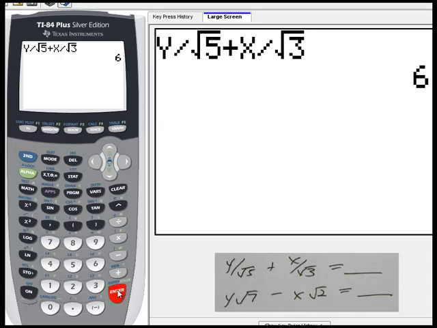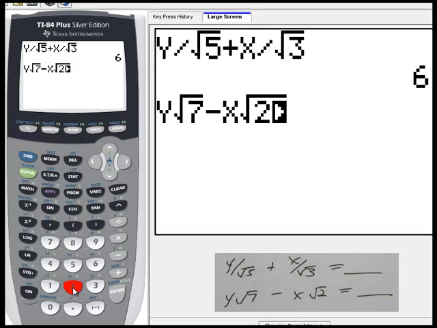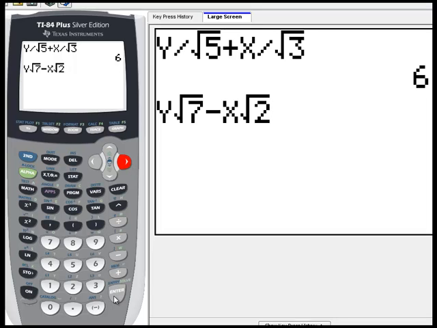Great to see that. Let's go to the second equation's left-hand side. Alpha y times square root of 7. Navigate forward to put an end to that square root sign, and then subtraction x second square root of 2. Terminate the radical sign, and let's go with enter. 8, equal to the right-hand side of the original equation.